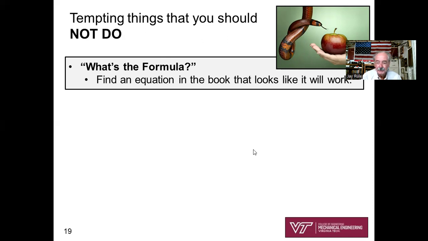Find a formula in the book that looks like it'll work, write it down, apply your numbers, circle the answer, and you are done. That is not a good approach for problem solving. That doesn't prepare you at all for success for quizzes and tests. Don't succumb to that temptation of what's the formula.